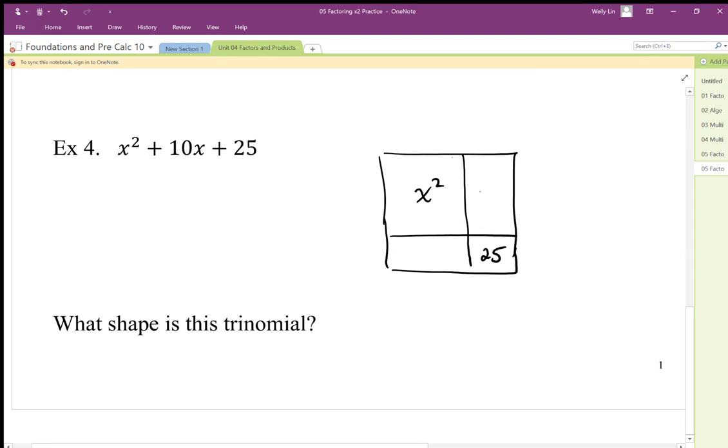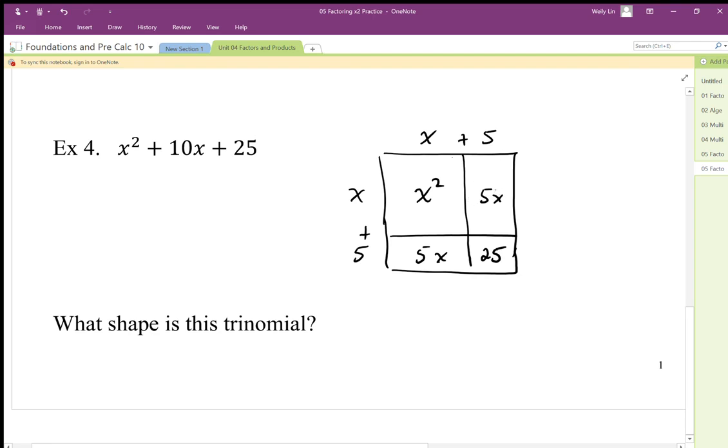Well, we know that 5 times 5 is going to give us that 25, so we can split up the 10 into 5 and 5. That gives us a side length here of 5, common side length. The common factor here of x squared and 5x is x. So here we have x times x, and then we're going to get x times 5 equals 5x. Okay, so everything's consistent with length times width equals area.